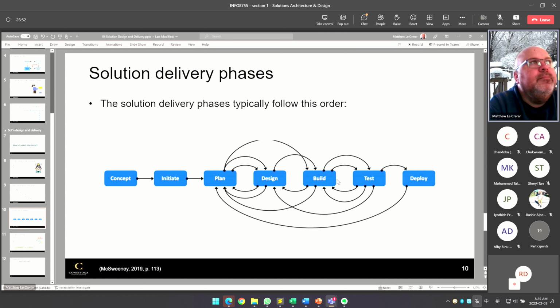More often than not, though, the solution architect and the project manager are very closely tied to the hip because they work so closely together. The solution architect needs the project manager to make sure everybody does their part, and the project manager needs to make sure the solution architect has thought through the solution. So the two of them are usually very tightly related.